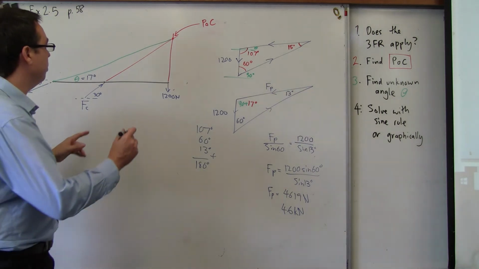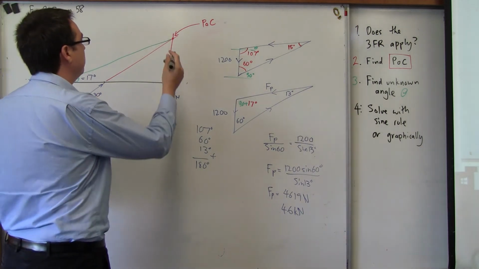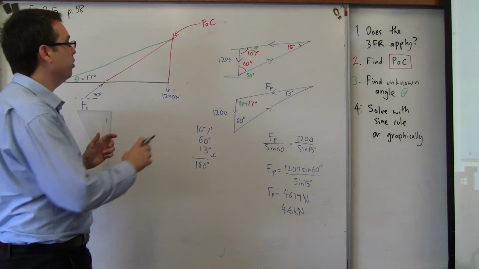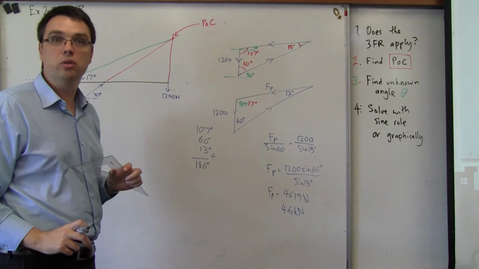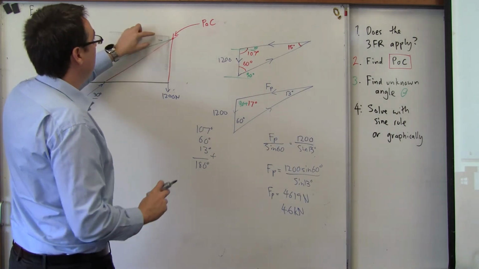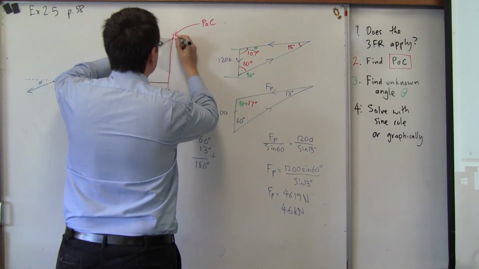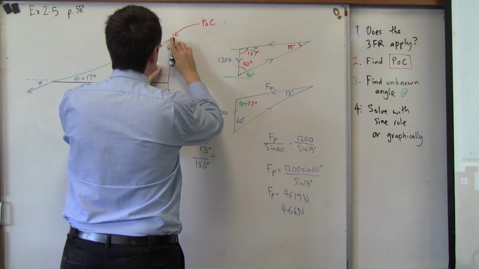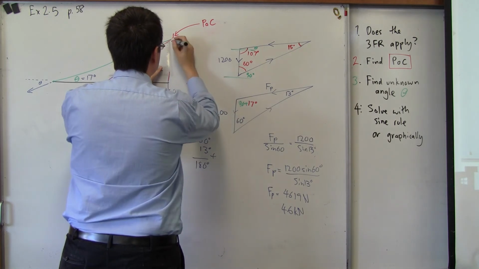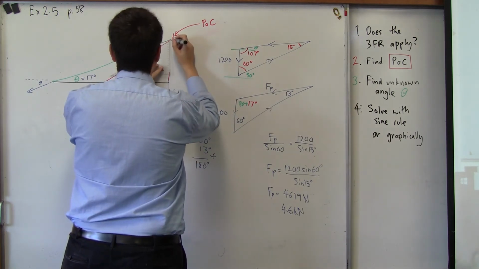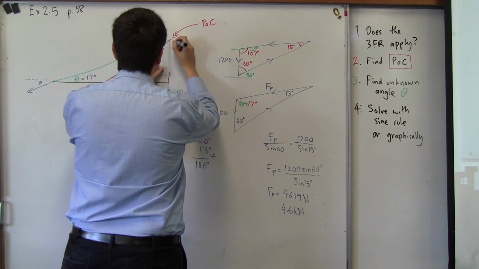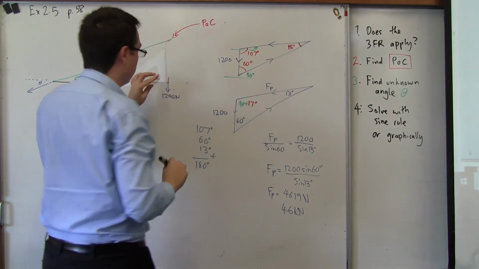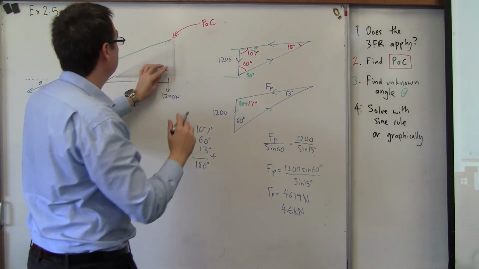So FC, I don't know, but this one here I'm going to draw to scale. What would be a good scale for me to use for 1200 newtons? Well, I look at my ruler and I say, well, 120 millimeters looks about right. I just want to get my angle as close to right as possible, so that's why I'm fudging these things here, because I know the actual angle.